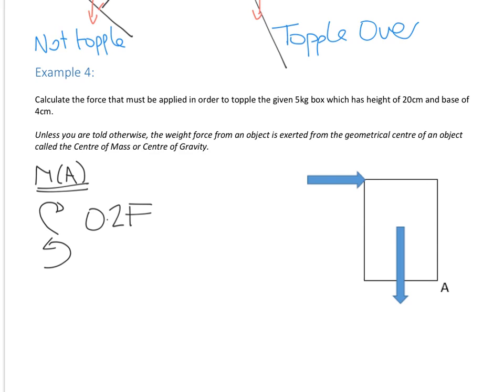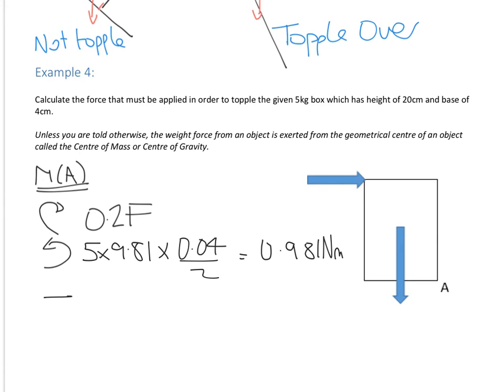And so what we'll have is the weight force, so 5 times 9.81, and then it's going to be half the size of the base, so 0.04 divided by 2, and so we can calculate that straight away. So 5 times 9.81 times 0.04 divided by 2 gives you a moment of 0.981 newton meters.